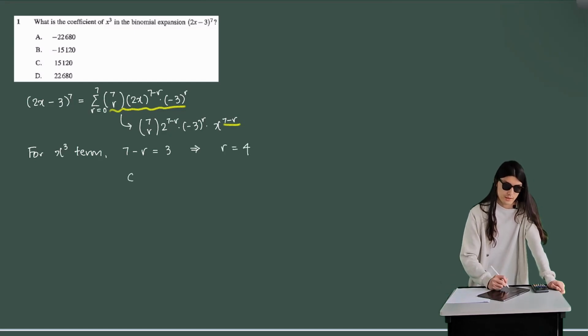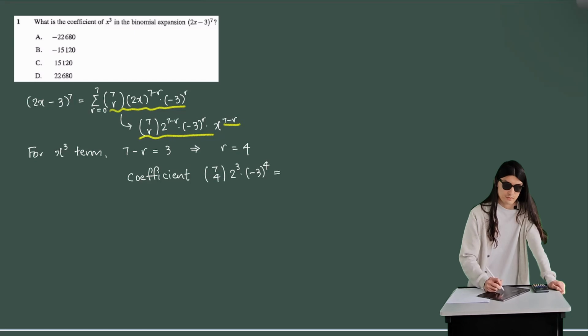And when r is equal to 4, the coefficient, which would be this part, would equal 7C4 times 2 to the power of 7 minus 4, so therefore 3, times (−3) to the power of 4.